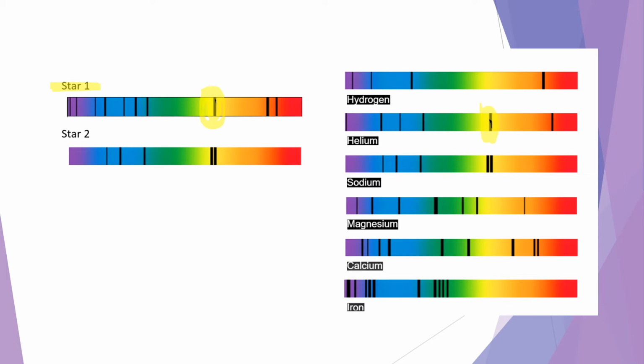Okay, if I then start to compare a little bit further, I see this line matches up with this line, and so on and so forth. This line matches up with this line. Okay, so I know by comparing the absorption lines on both emission spectrums that star number 1 does in fact contain hydrogen.